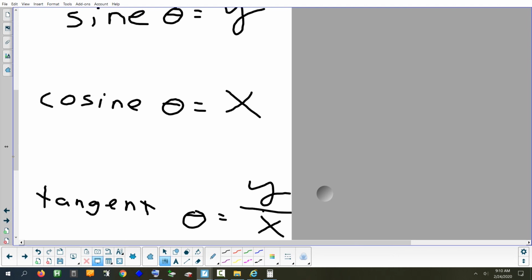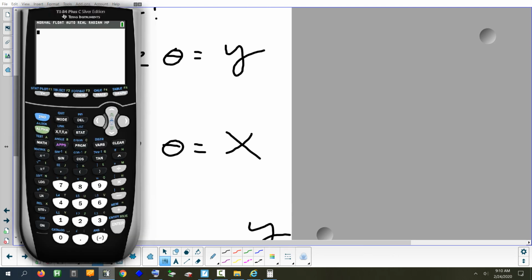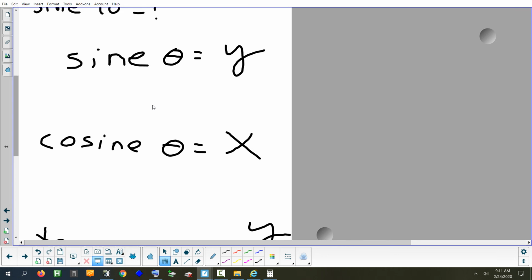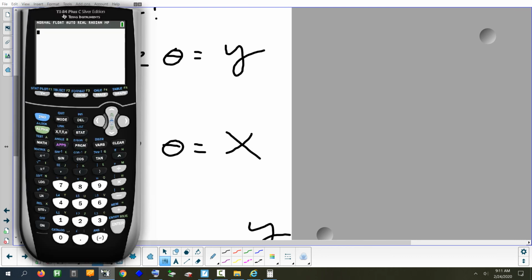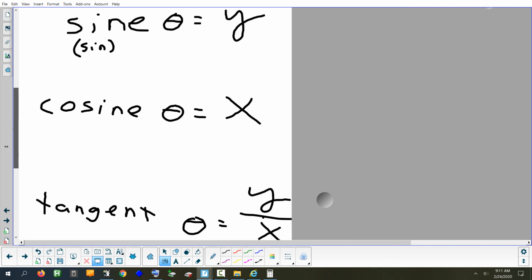All right. Now, if you look at like this calculator, or pretty much any calculator, you're not going to see these names fully written out. What you're going to see is 3-letter abbreviations. All right, so for sine, the abbreviation you'll see is SIN. Pretty much every trig function uses the first 3 letters as its abbreviation, except one of them that won't work.